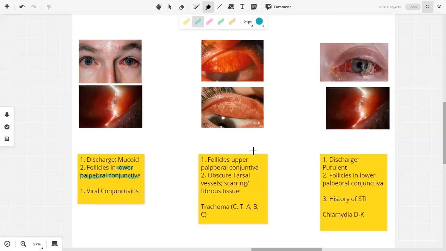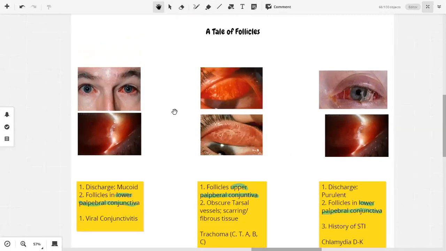In our case of trachoma, what is the location of the follicles? It is the upper palpebral conjunctiva. And thirdly, what is the location of the follicles in chlamydia, serotypes D through K? It's the lower palpebral conjunctiva. Right? So these are important concepts.